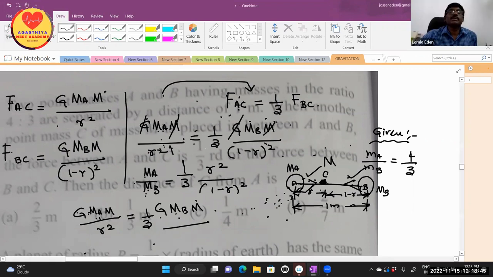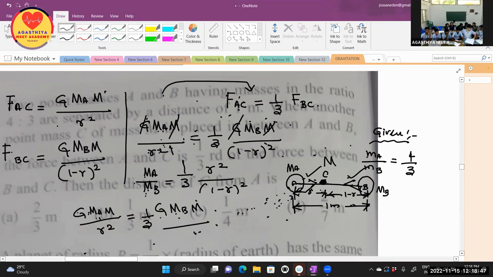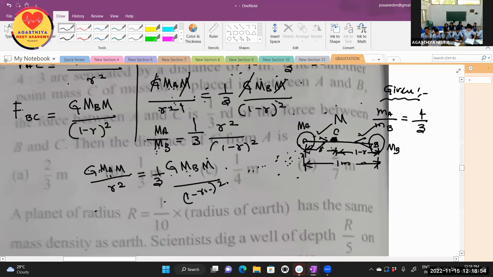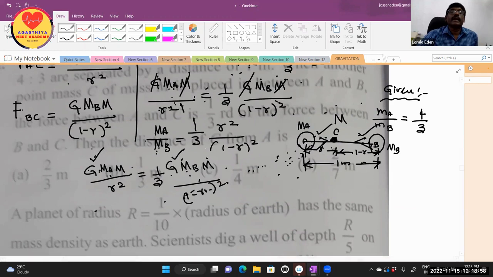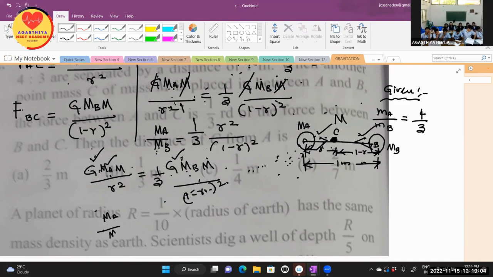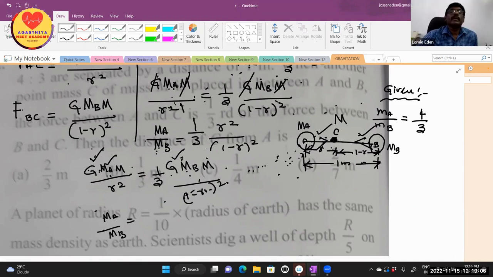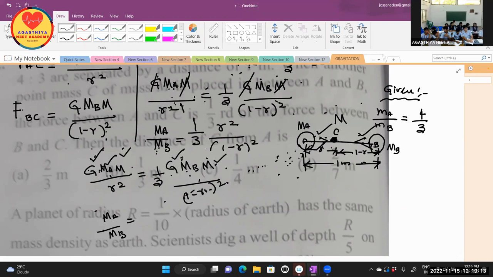So substitute the values. See, listen here. G gets cancelled, M_A divided by M_B. Then M gets cancelled.